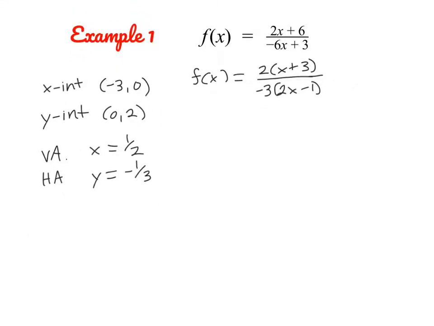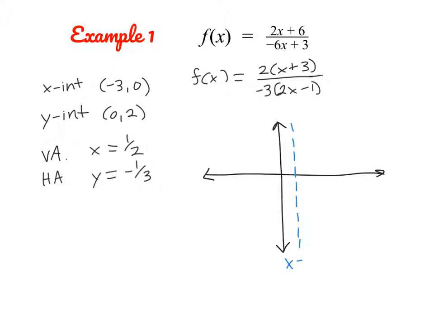So let's try sketching this graph before we describe the end behavior and asymptote behavior. So again, this is just a really rough sketch. My first asymptote is going to be here at x equals 1/2. My horizontal asymptote, we'll say, is right here.